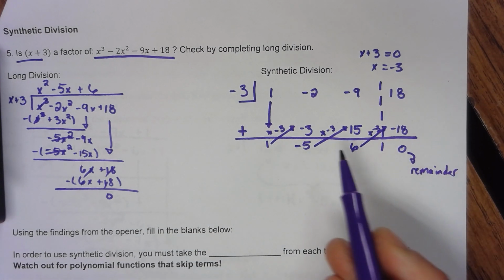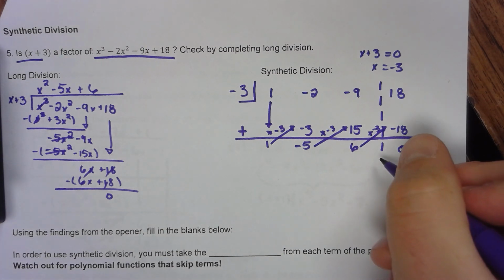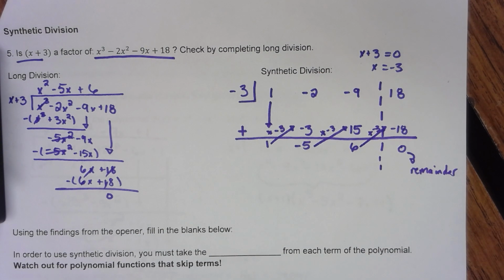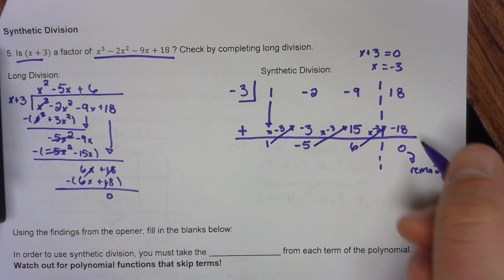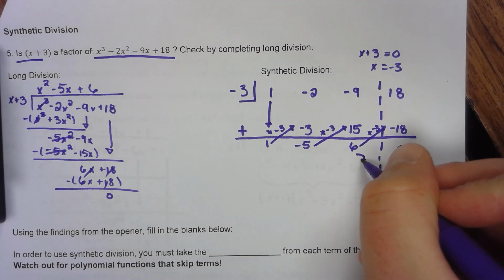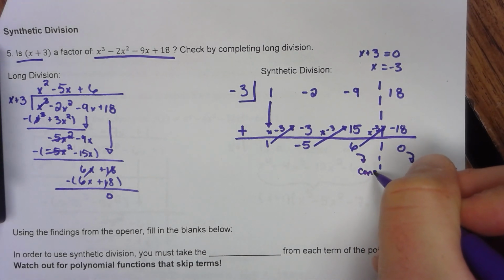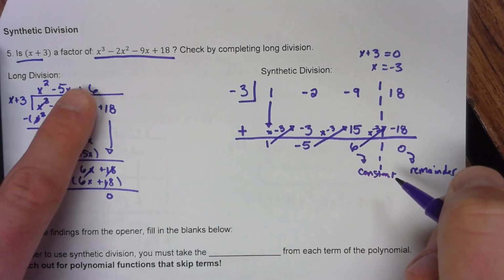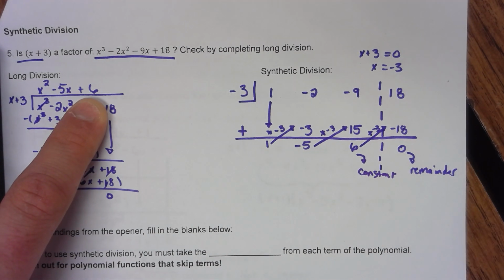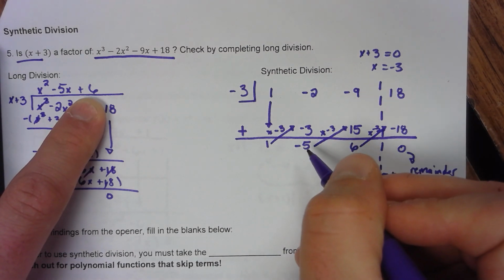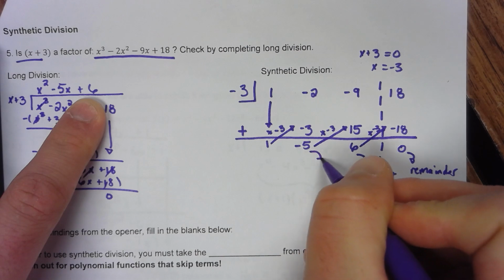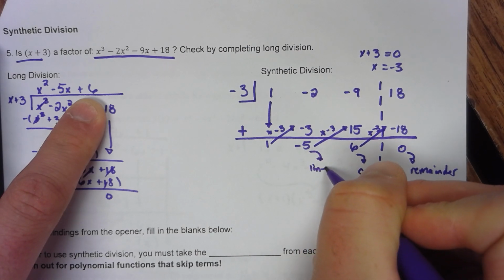And what I'll do is I'll always interpret it going right to left, because I know that the rightmost number is my remainder. The next rightmost number is our constant term. Constant term referring to the term without any variables. So that's that same 6 that we got from when we did the long division. And then after that, this is our linear term.